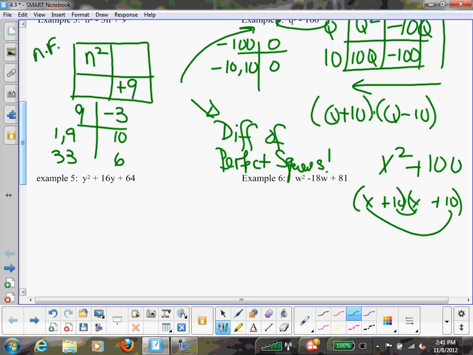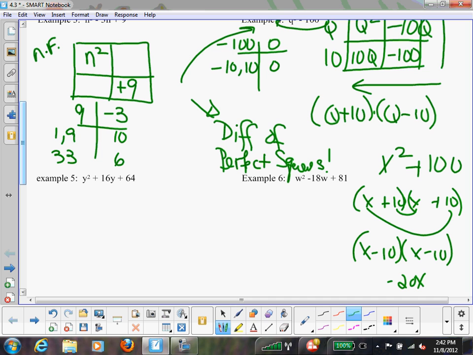If it's x minus 10 and x minus 10, then negative 20x becomes my middle term. See, I can't factor that. They're perfect squares, but because I'm adding in between, there is no way to cancel out your terms. One has to be positive and one has to be negative, and we can't achieve that without creating a middle term.